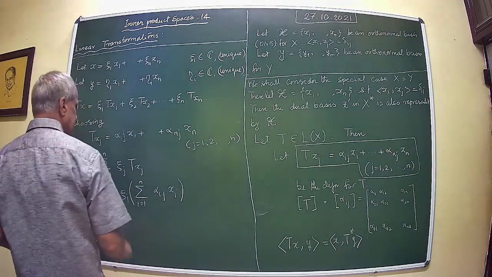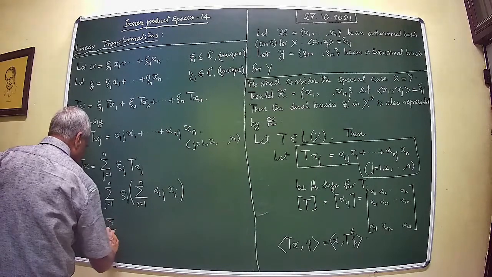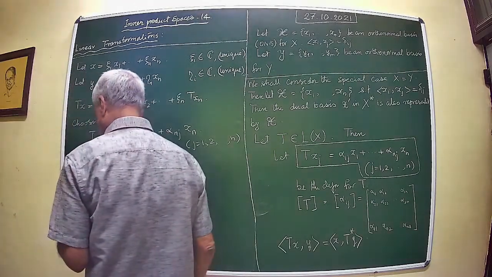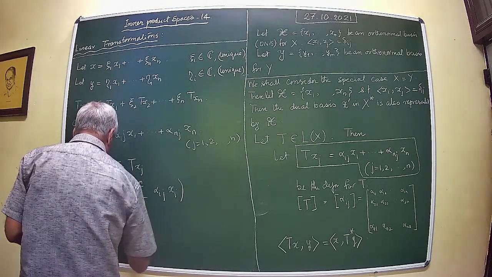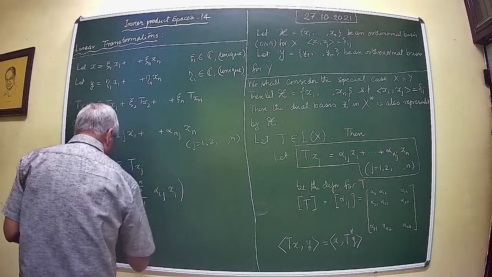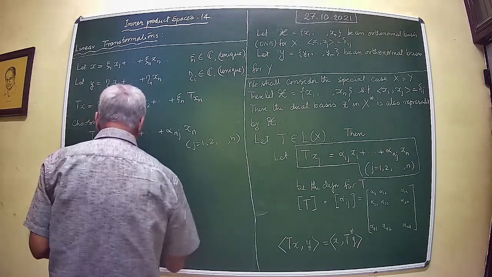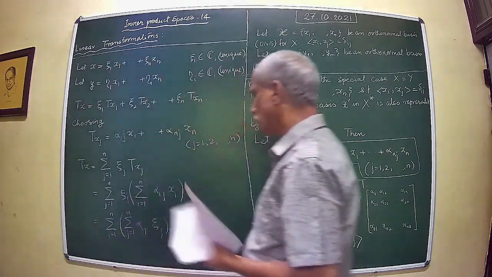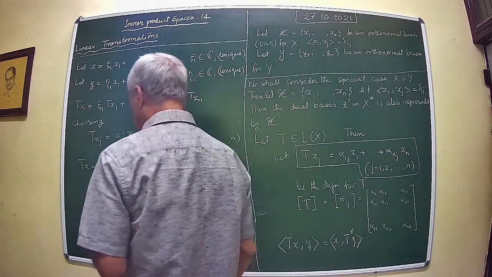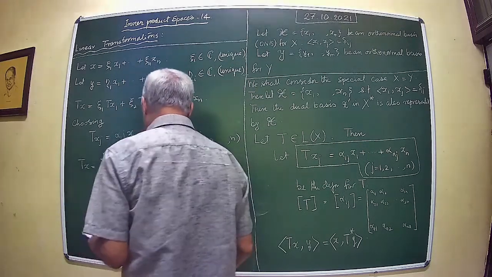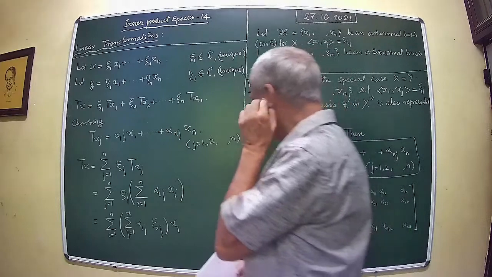You can easily interchange the order of the summation and you get, in other words, the ith coordinate of Tx is given by this one. Okay, this is the ith coordinate of Tx.